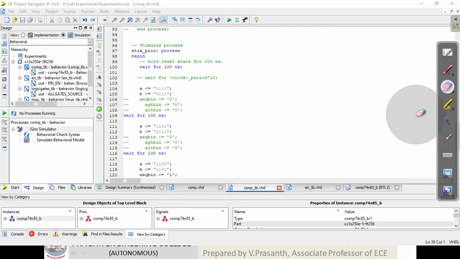Let us check whether it is giving A less than B, A greater than B, or A equal to B. So I will be going with the simulation.